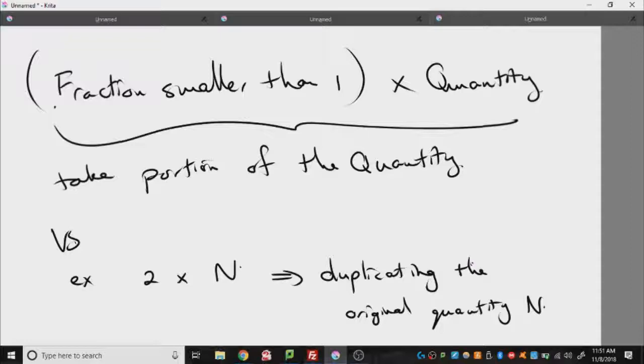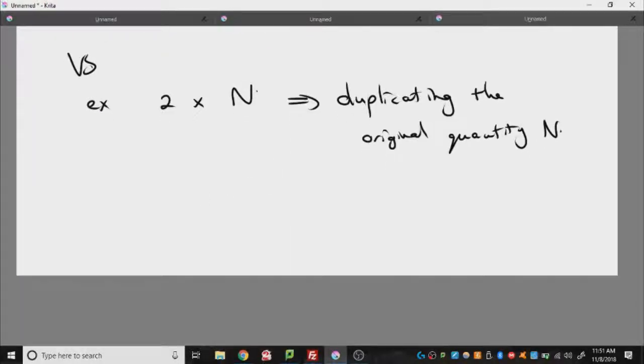So then, if we mix them, like 2.5 times my quantity, how do I understand that? Well, I simply have to mix those two concepts. They still are separate, but now they happen at the same time.